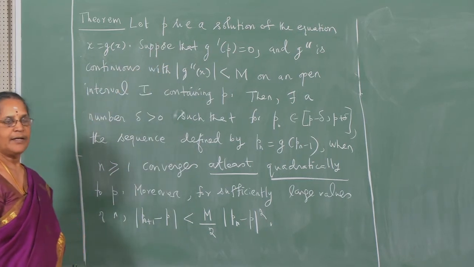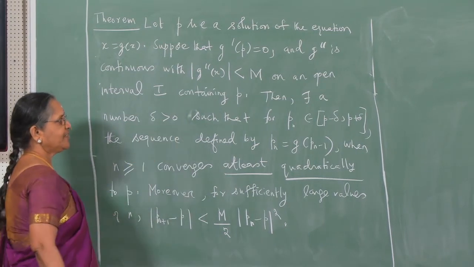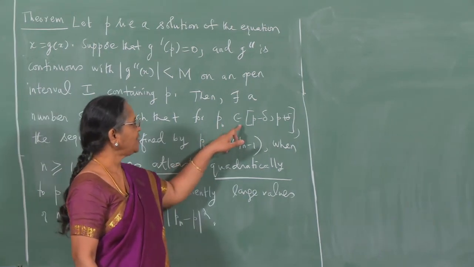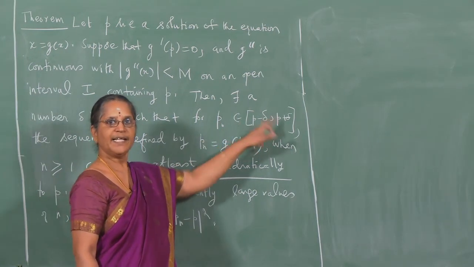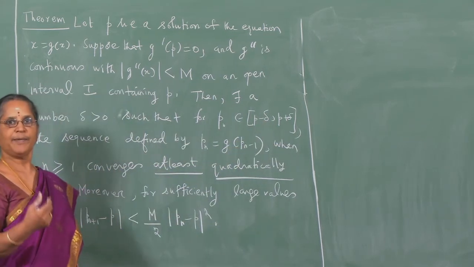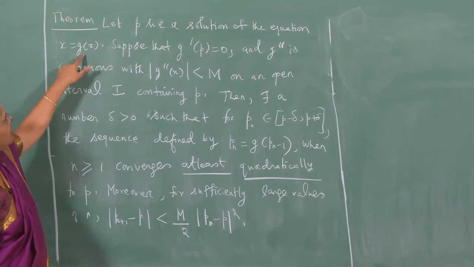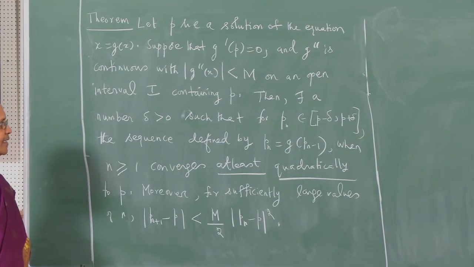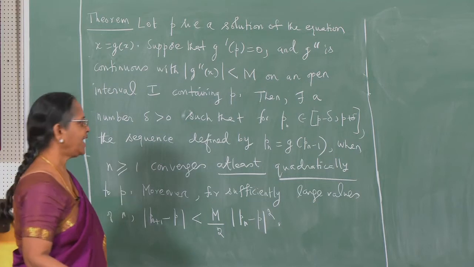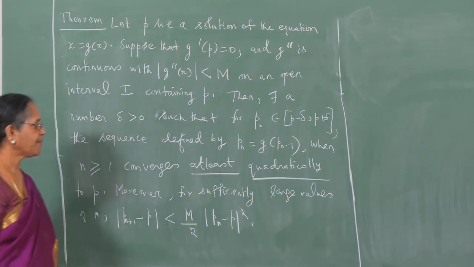Then there is a number delta positive such that you start from any p0 which lies in the interval (p - delta, p + delta). Namely, you start with a p0 in a neighborhood of this p, which is a solution of x = g(x), and then consider the sequence of iterates generated by pn = g(pn-1).